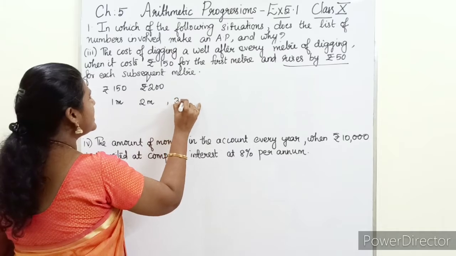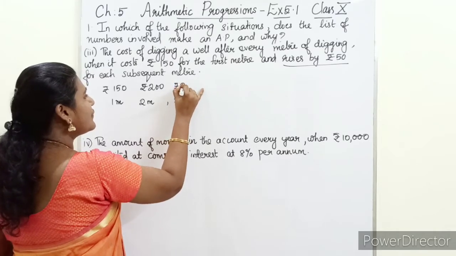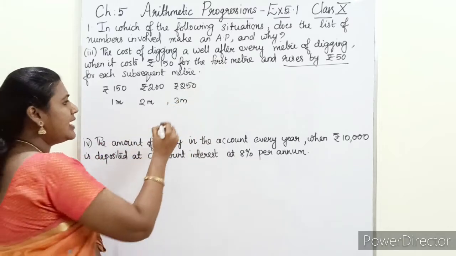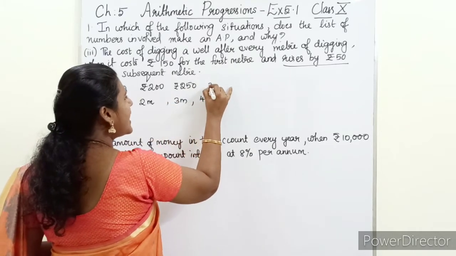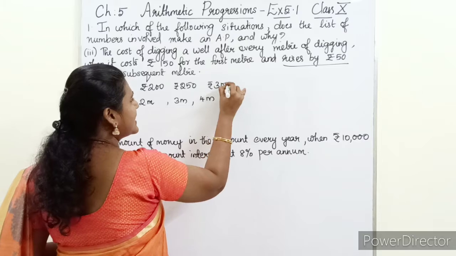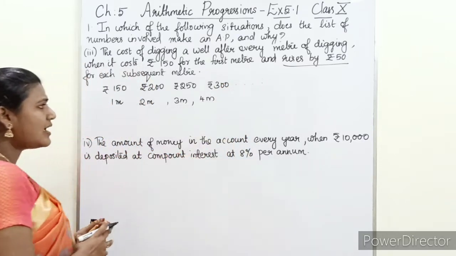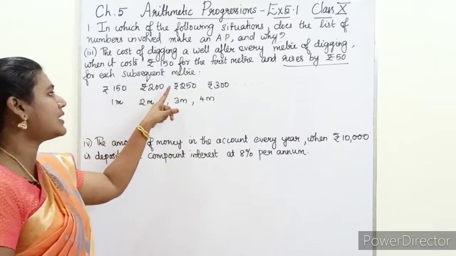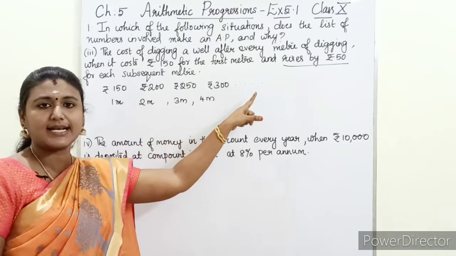And for 3 meters, it is rupees 250. Again 200 plus 50, so you will get 250. And for 4 meters, the amount is rupees 300. So it will go like this. Okay. So what are the numbers we got here? Rupees 150, 200, 250, 300, etc.